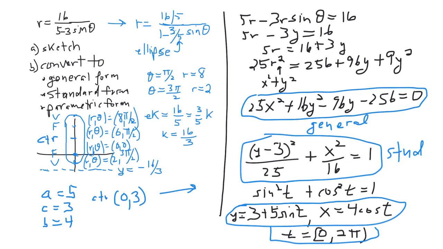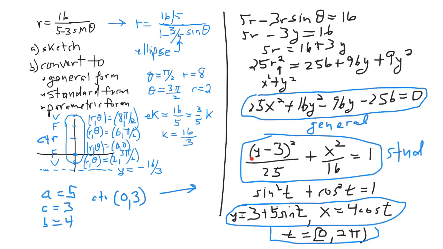One last thing to say about this is that if you wanted your general form, in addition to the way we did it right here, using the r squared is x squared plus y squared, you could have gotten your standard form first with a, b, and c.